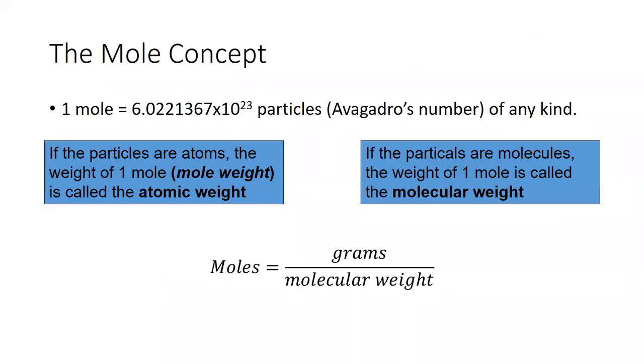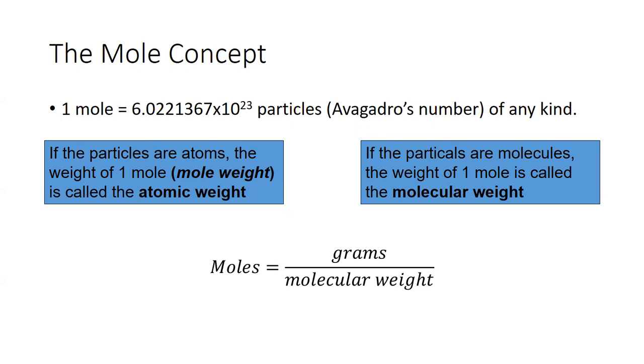So a mole is related to Avogadro's number, which is 6.022 times 10 to the 23rd particles of any kind. So that particle could be an atom, or that particle could be a molecule. If the particles are atoms, then the weight of 1 mole is called the atomic weight, which is in grams per mole.